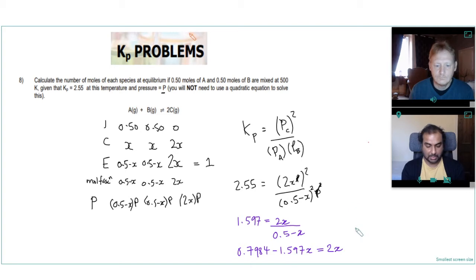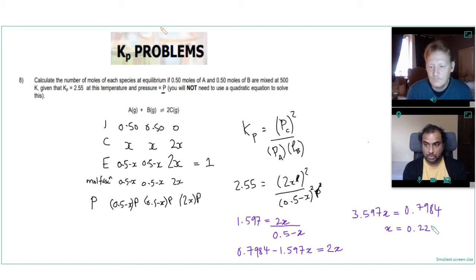Add that. So 1.597 plus 2, 3.597x equals 0.7984, giving x equals 0.22.